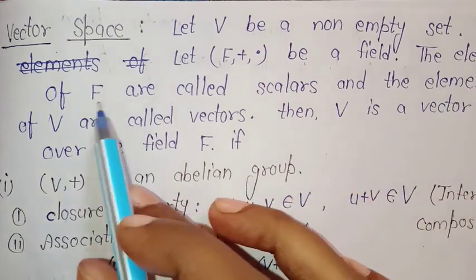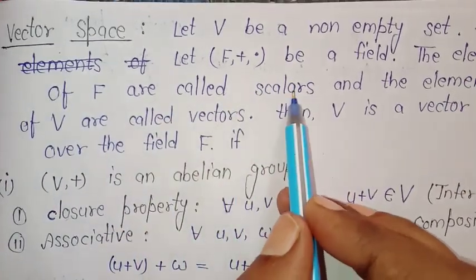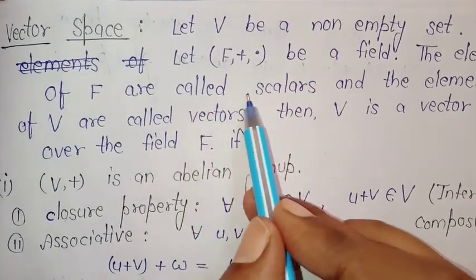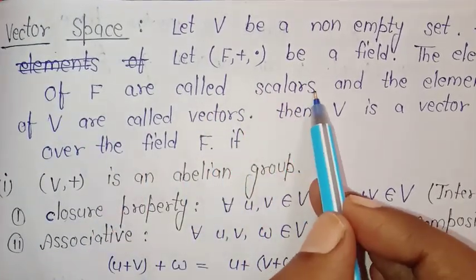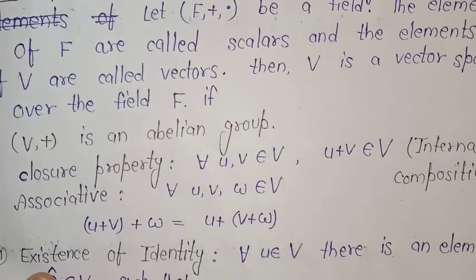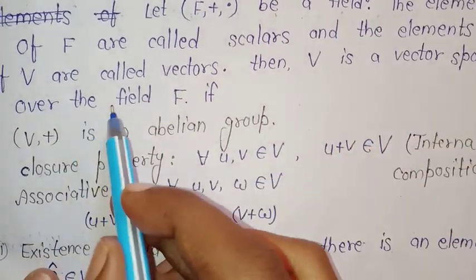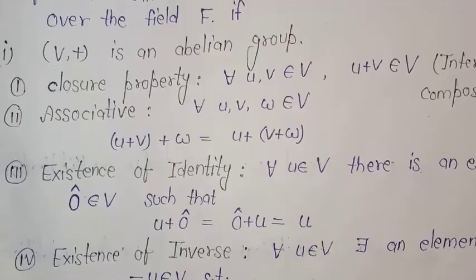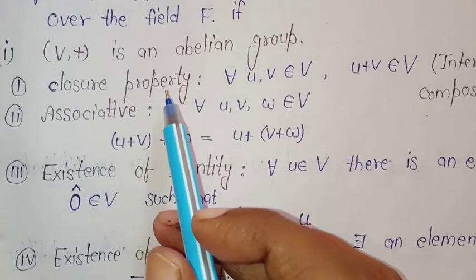The elements of F are called scalars and the elements of V are called vectors. Always remember that. Then V is said to be a vector space over the field F if it satisfies some postulates or conditions.